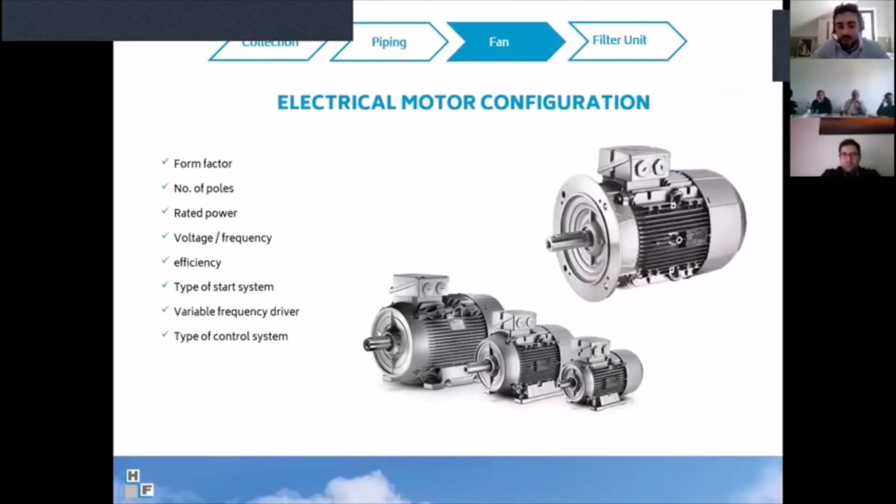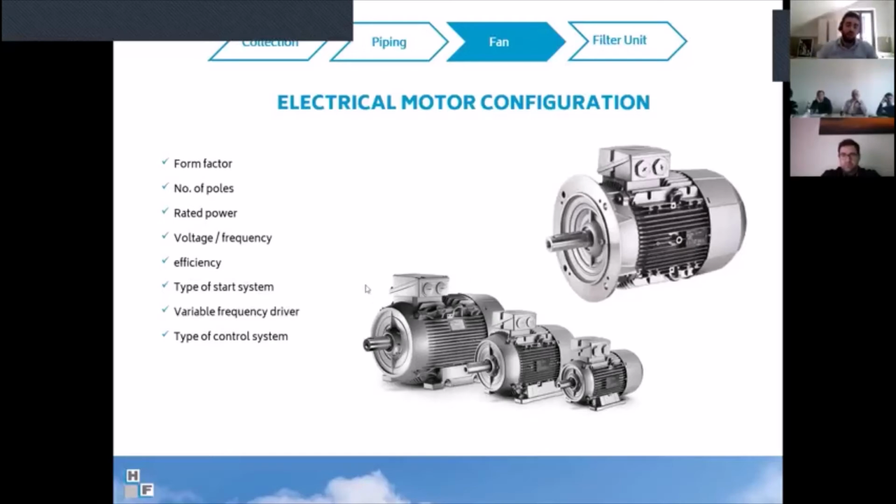As you can see in these two pictures, this motor is a Siemens with the form factor B5. So the motor is flanged to the fan through this flange. This other motor is exactly the same size, but is not flanged to the fan, but is connected to the structure of the fan with this foot.